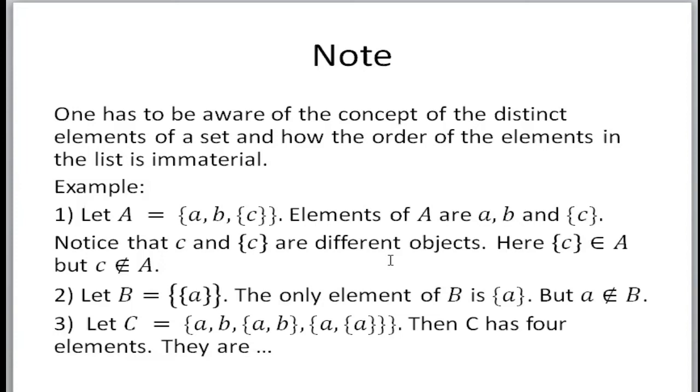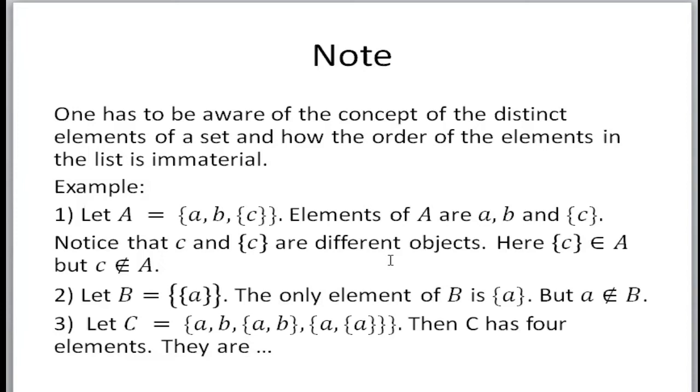And moreover, the order of the elements in the list is immaterial. That means we don't care about the order. That means the elements a, b, and c may come in any order. If the order b, a, c comes, it is the same as the order where a comes first, b next, and c last.